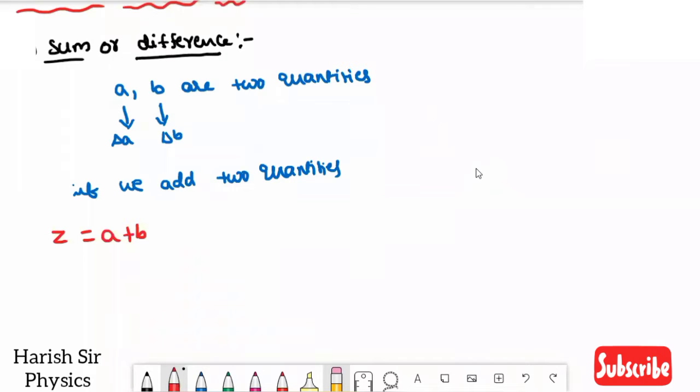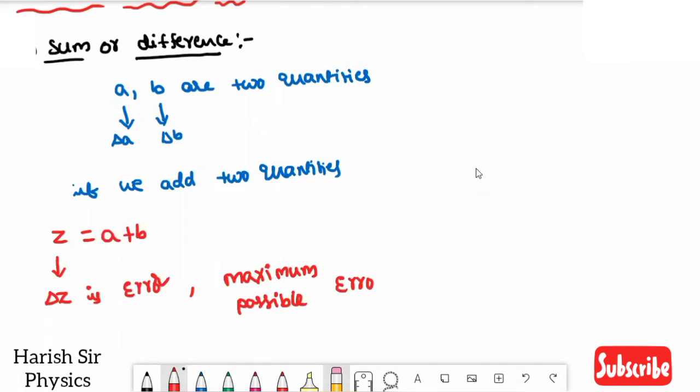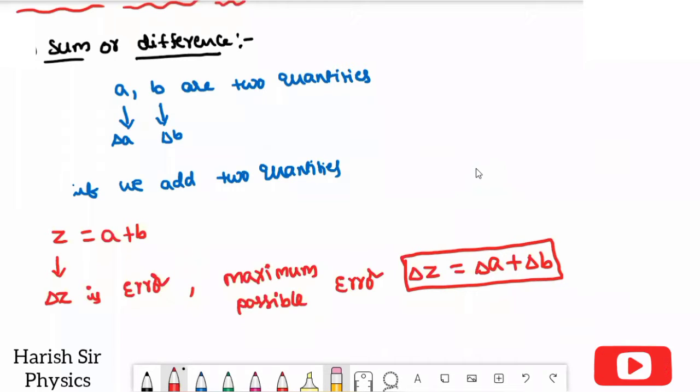So I am taking the error in Z as delta Z. Delta Z is equal to delta A plus delta B. This is the maximum possible error.